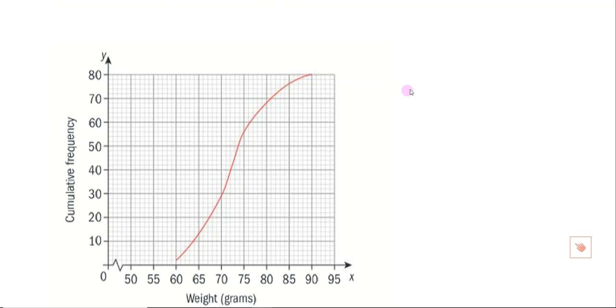Okay? So what is the minimum weight of the top 10%? Do you want to write that down?